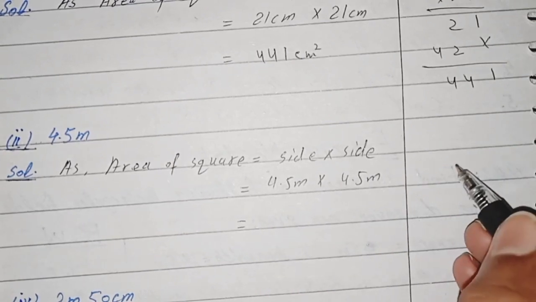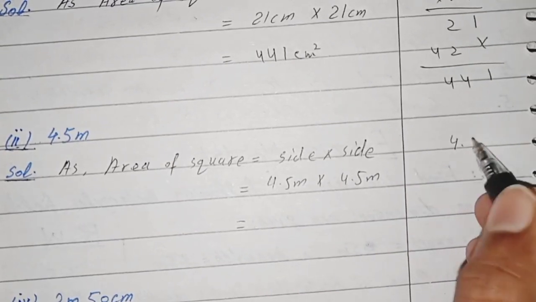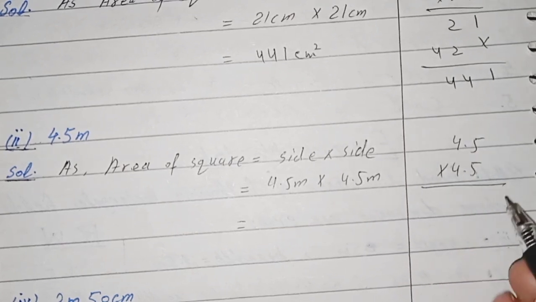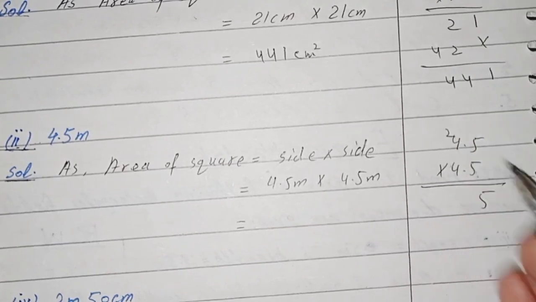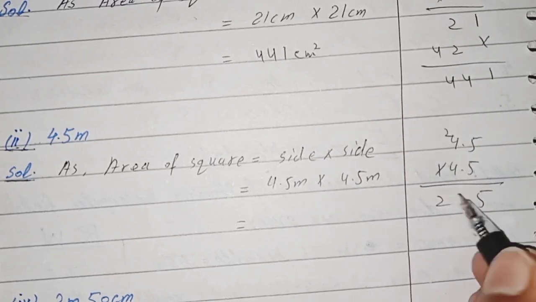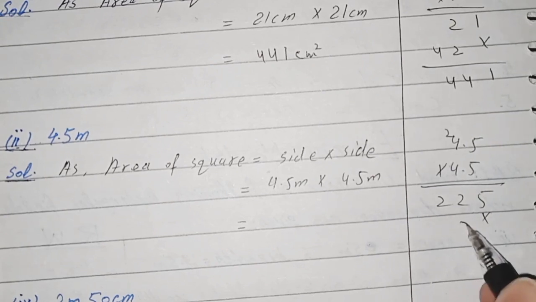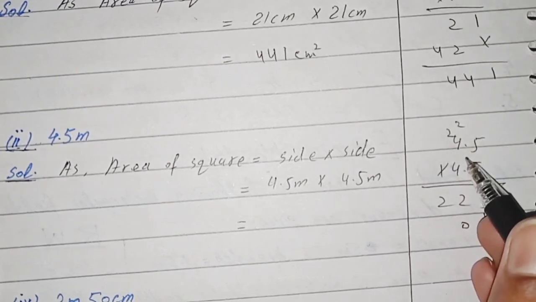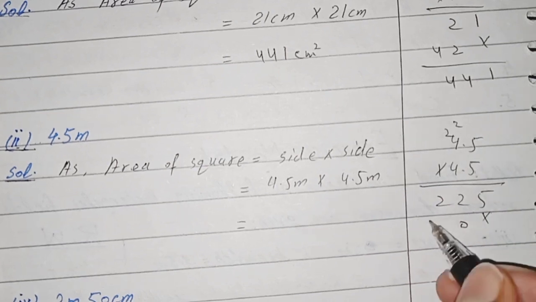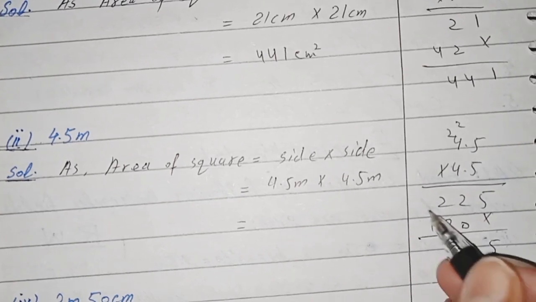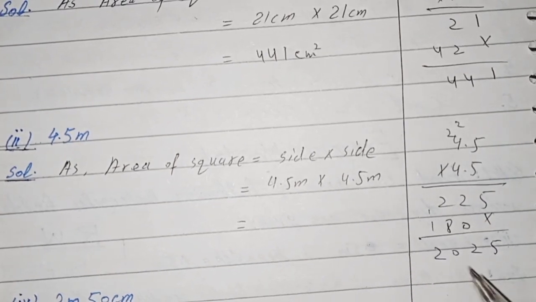We will multiply 4.5 by 4.5. 5 5 the 25. 5 4 the 20 and 2 22. 4 5 the 20. To carry 4, 4 4 the 16 and 2 18. 5 2 10 and 1, and 1 2.